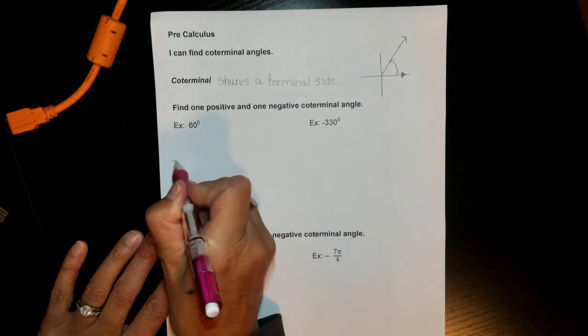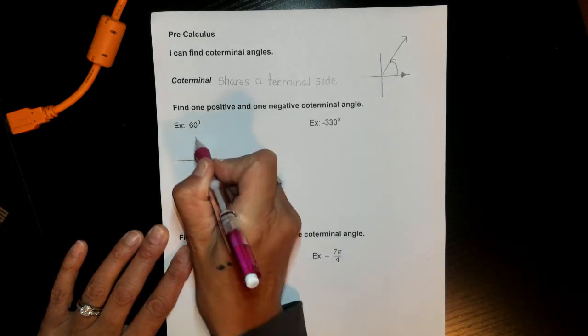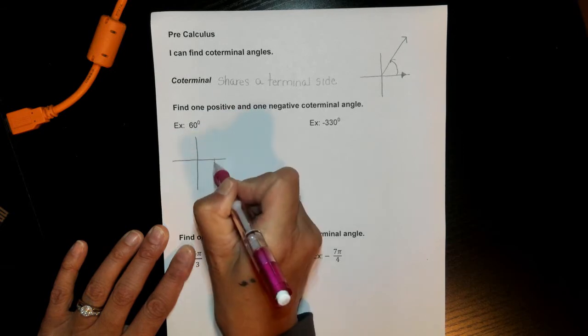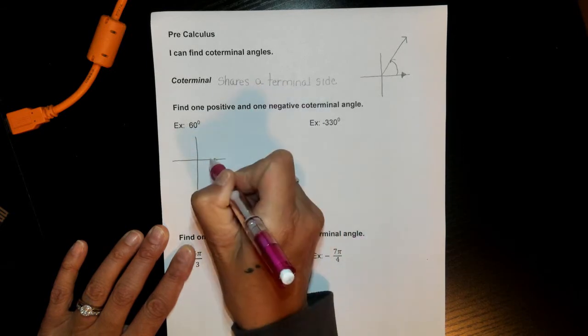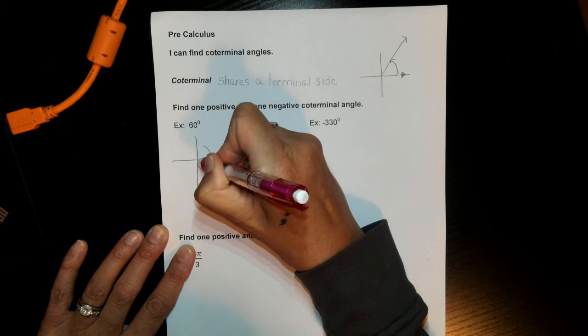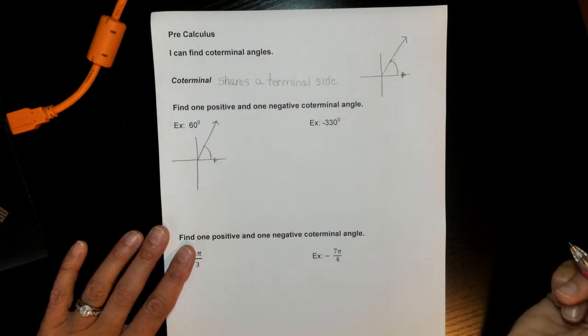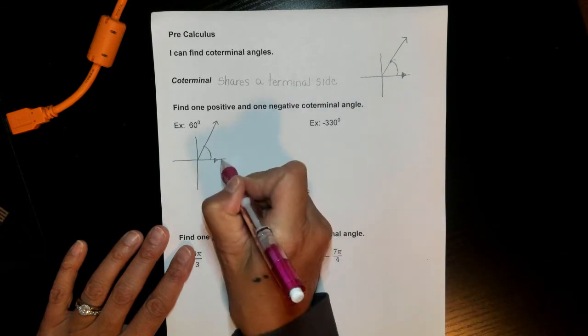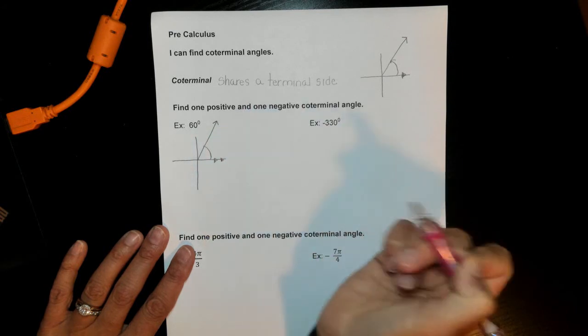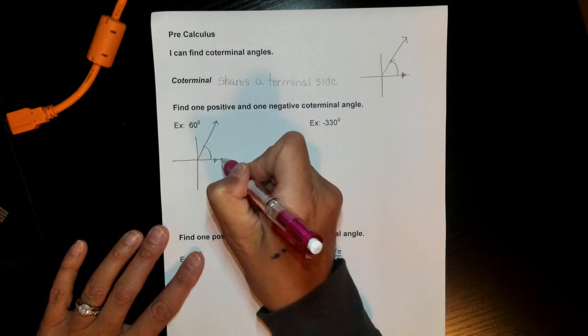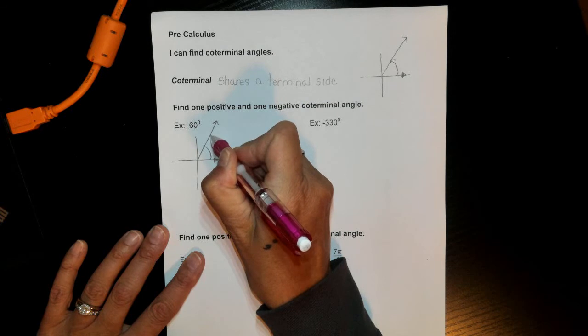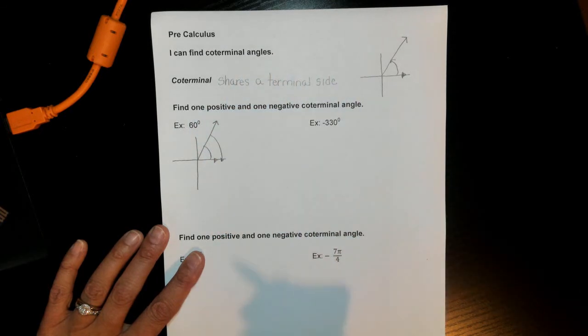Let's start with 60 degrees. Let's remember, when you sketch, if it's positive, you go up. That right there is about 60 degrees. Now it says find one positive and one negative coterminal. So you start always at your initial side, and you have to go to the terminal side. Well, if I do that, I have the exact same angle.